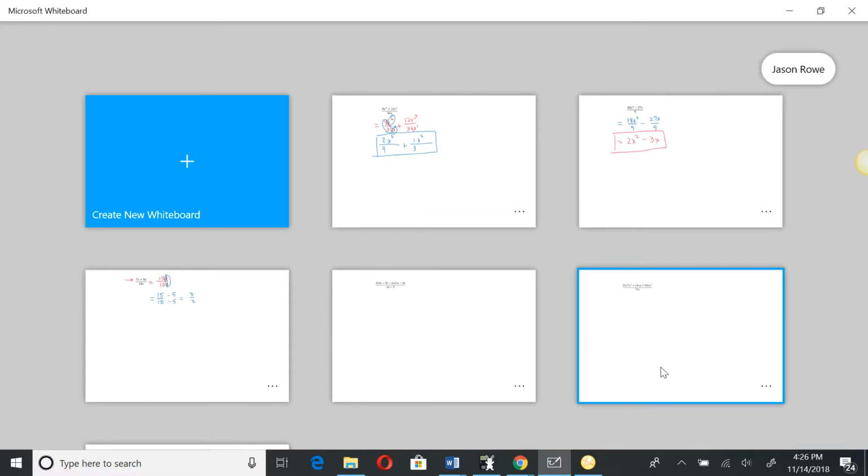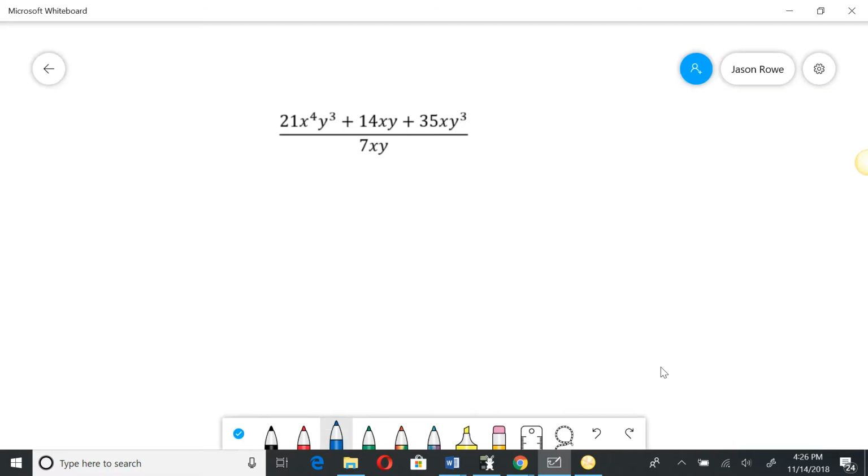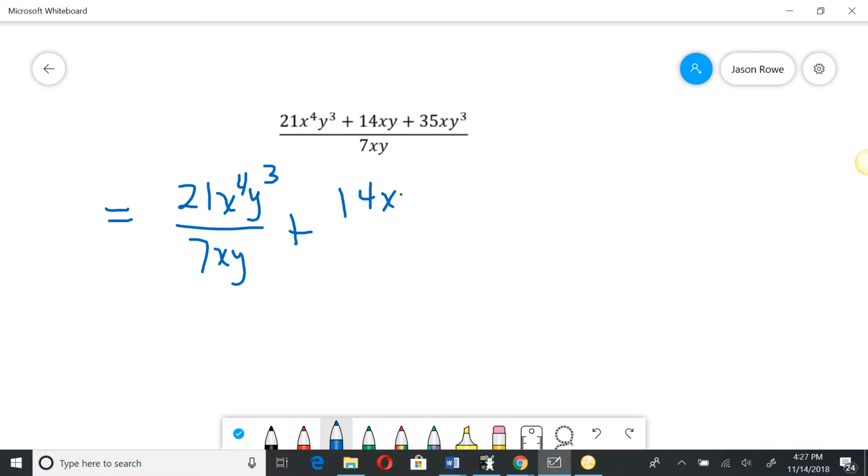All right. Just a couple more. And here, real similar to some of the other ones, what we're going to do is separate this out. 21x to the 4th y cubed over 7xy. And we'll do that for each of the other terms.